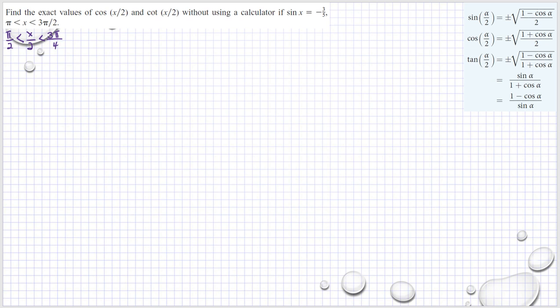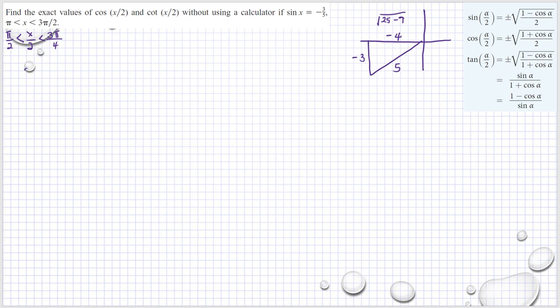If we draw that, we have here the third quadrant. We have 5 there, and negative 3 there, and 25 minus 9 is 16, so we have negative 4 there.